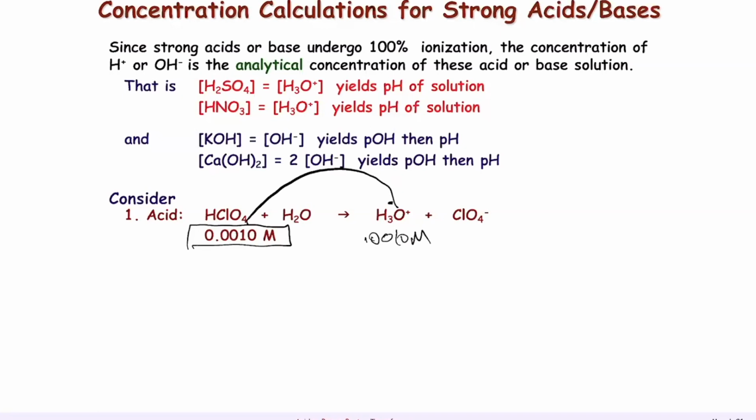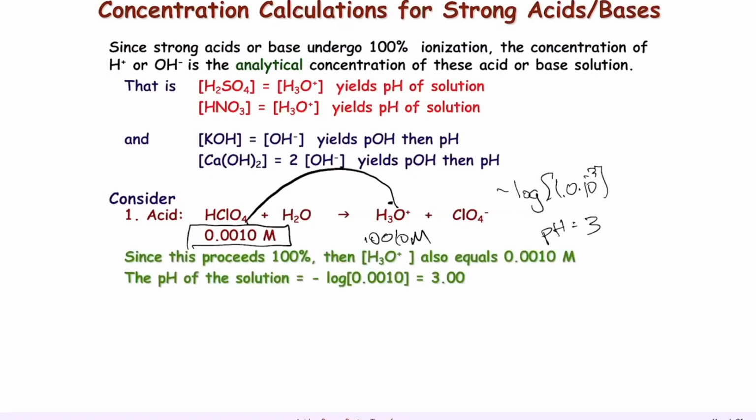So the question that generally occurs is, what is the pH of the solution? If you take the negative log of 1.0 times 10 to the minus 3, the pH is just equal to 3.